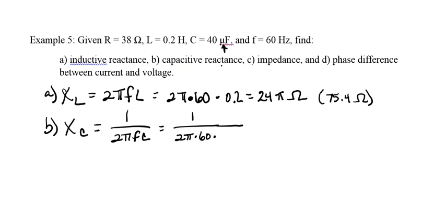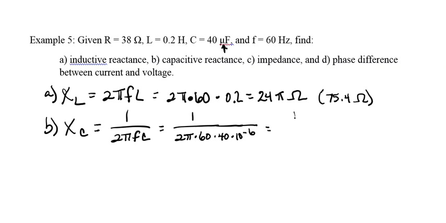So we're going to go 40 times 10 to the negative 6, because I can't have it in microfarads, I need it in just straight farads. If that would have been a different symbol, whatever that symbol related to, that's what I would have put here. And I'm going to put all this into my calculator.